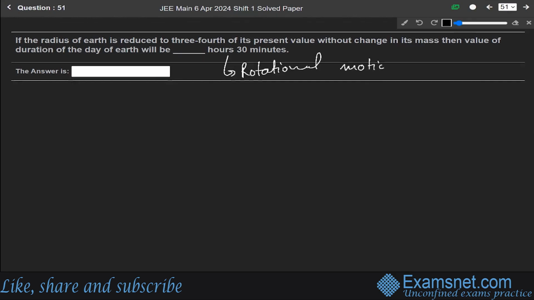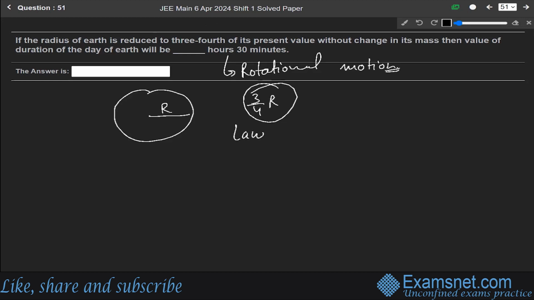Let us say this is the radius of the Earth, R. If it is reduced to 3/4 of its present value without change in its mass, then the value of the duration of the day. So here we will use the law of conservation of angular momentum.